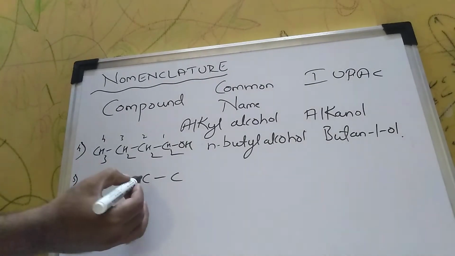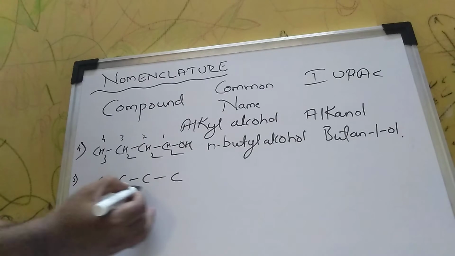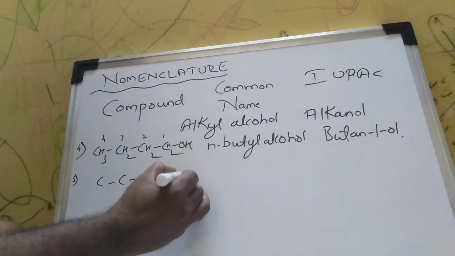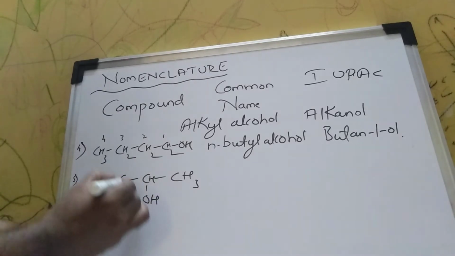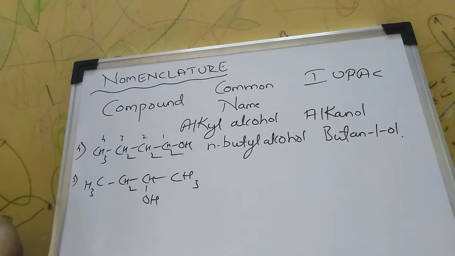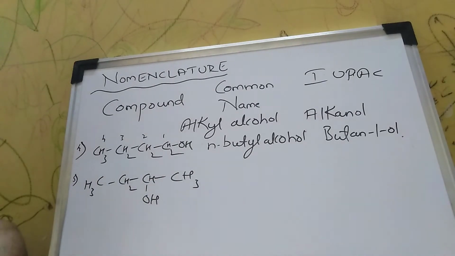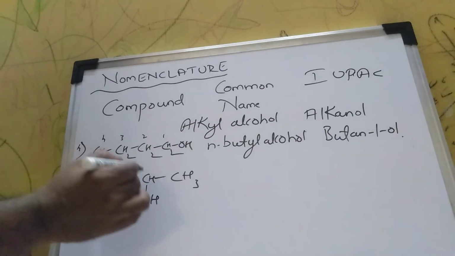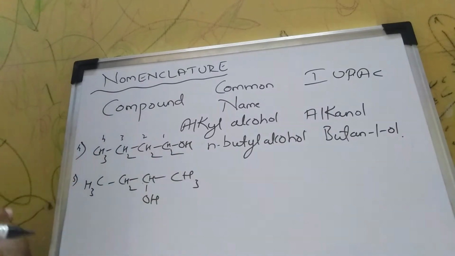Next 1, 2, 3, 4. Now the OH, either here or here, it's one and the same. OH. Let's fill in the valencies. CH3, H, CH2, CH3. Right? 4 carbon atoms. Butyl. Right? But here the OH is attached to the carbon, which in turn is attached to 2 different carbon atoms.